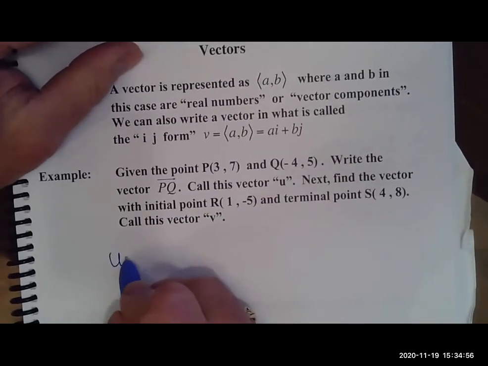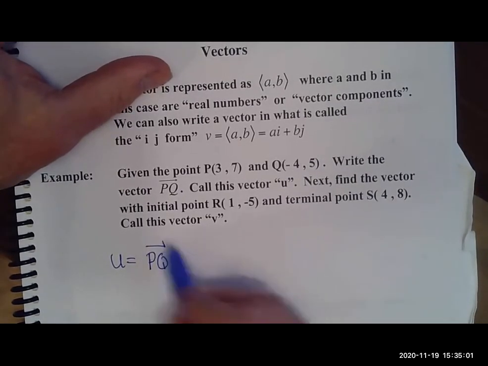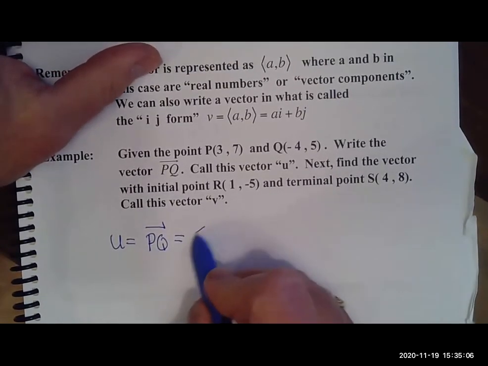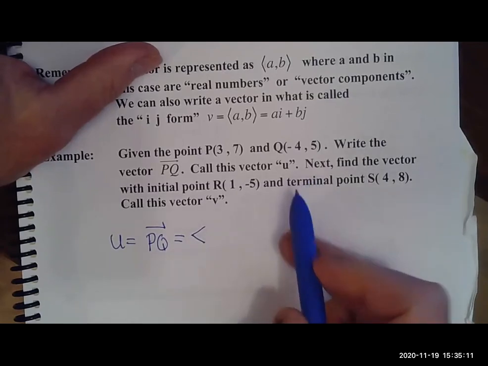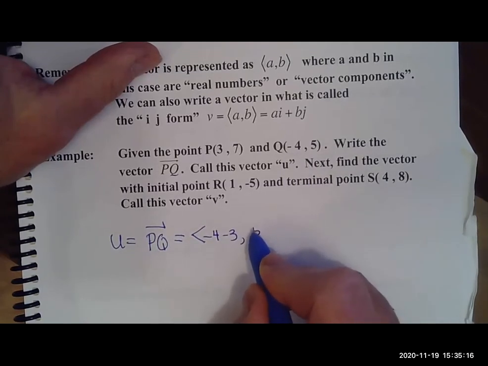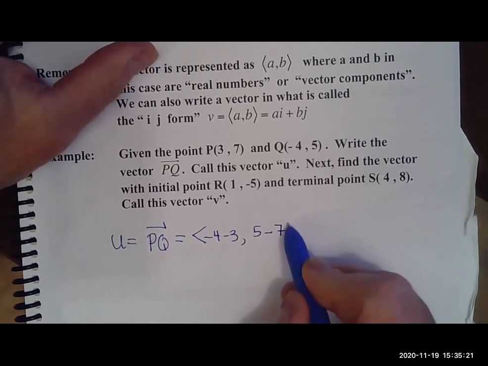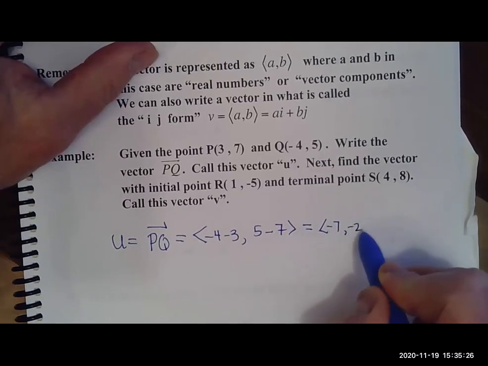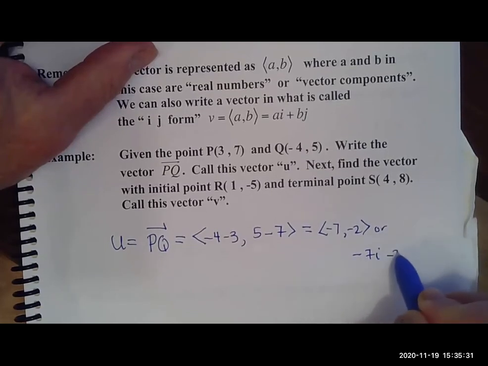Vector u is equal to PQ with a half flag, which would be Q minus P. So -4 minus 3, and then 5 subtract 7. You always take the Q and subtract the P pieces, which is equal to <-7, -2>, or -7i minus 2j.